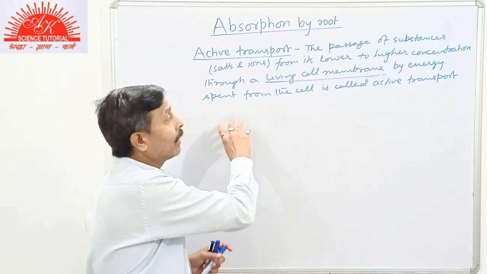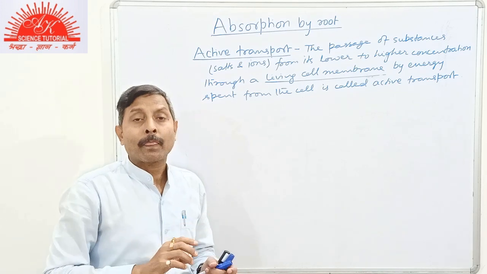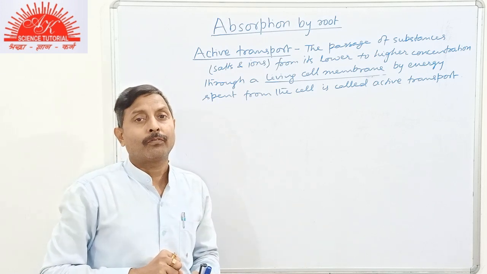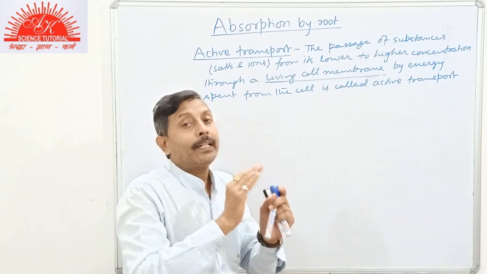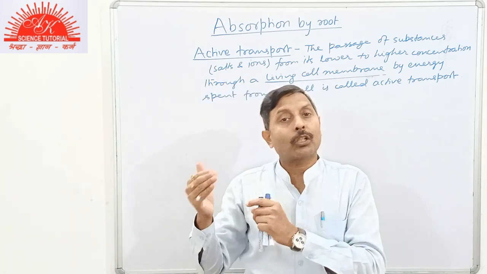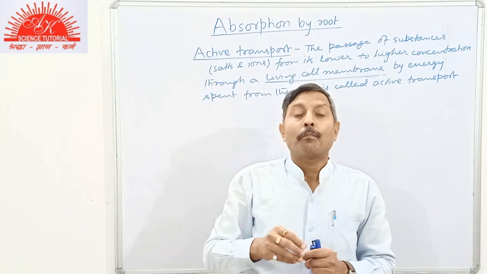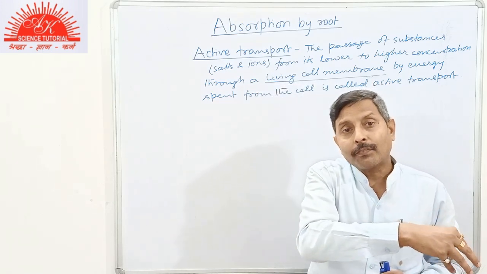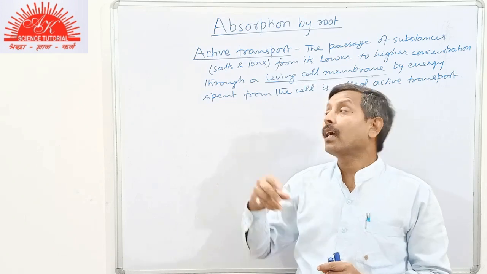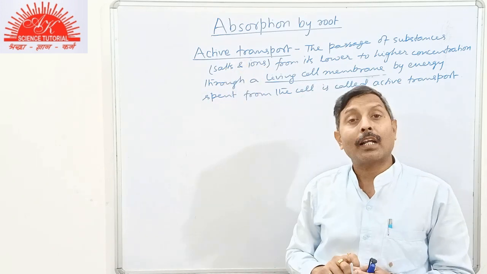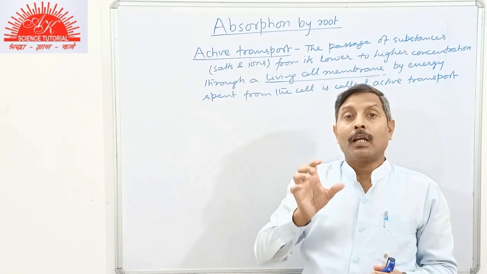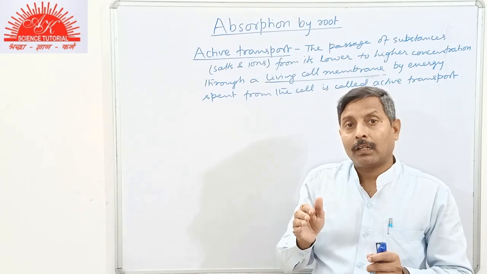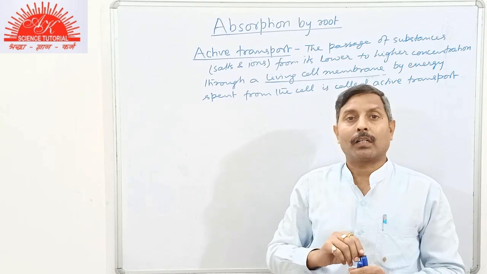Now clear, students? Now for example, when the root hair cells absorb water from soil, it moves by the process of osmosis. But the salts, minerals and ions are absorbed from soil by the root hair cell by the process of active transport, because the cell sap of root hair is hypertonic with respect to the soil water.